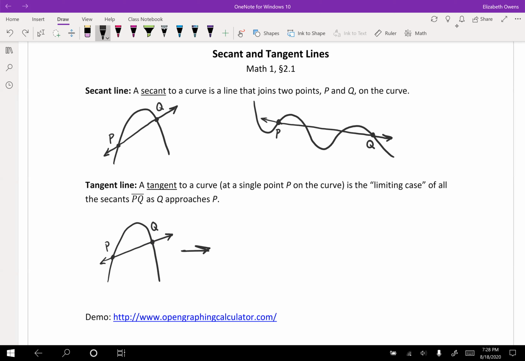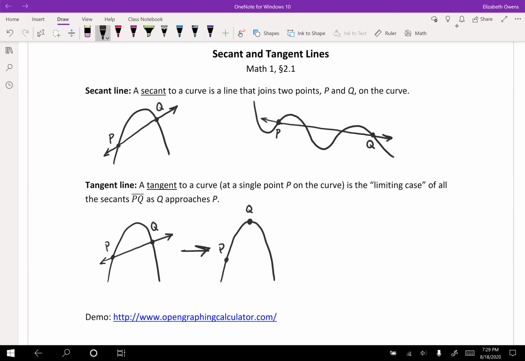So let's let it approach a little bit and see what happens. All right, I'll try and make my curve look similar. Here's point P still. And Q has made a little approach here. Let's say point Q has now moved up to the top of the curve there.